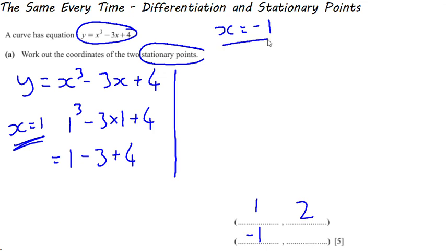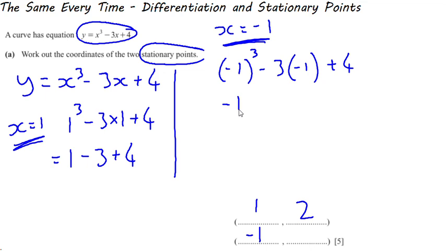And when x is negative 1, putting that into our equation, a little bit more complicated this time. I'm using brackets here because I'm using a negative number to a power. So negative 1 cubed minus 3 times negative 1 plus 4. Again, we can maybe do this non-calculator. Negative 1 cubed is negative 1 times negative 1 times negative 1, which is negative 1.